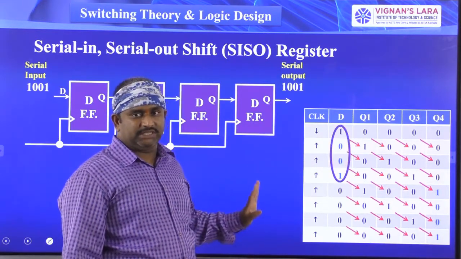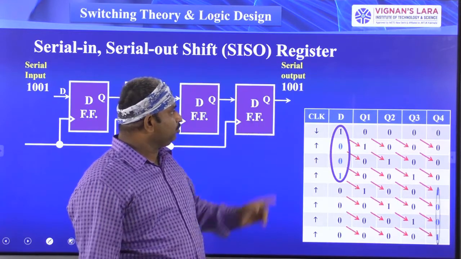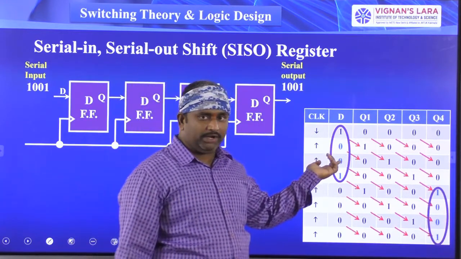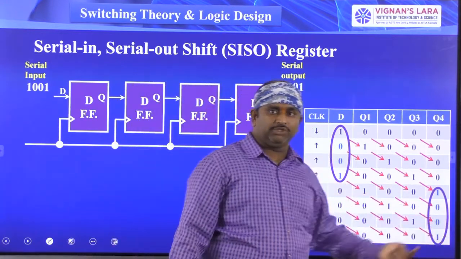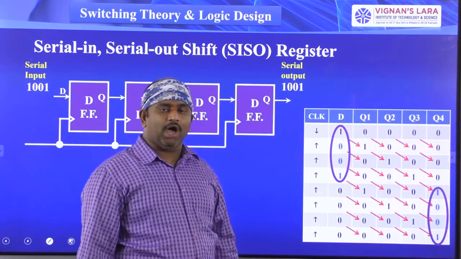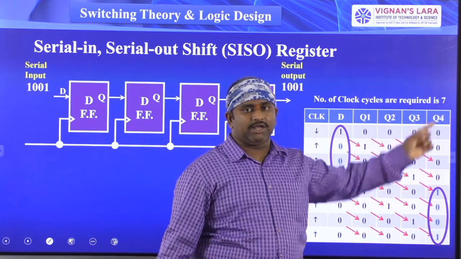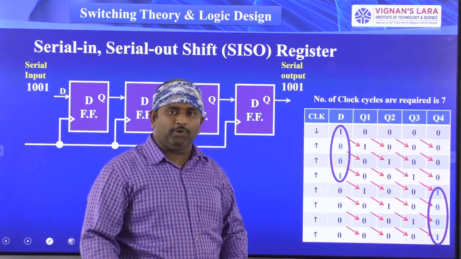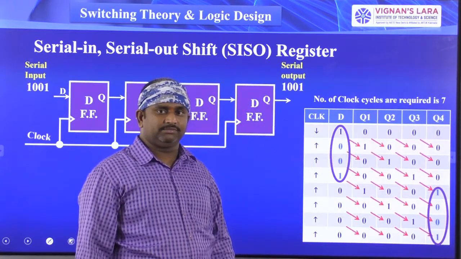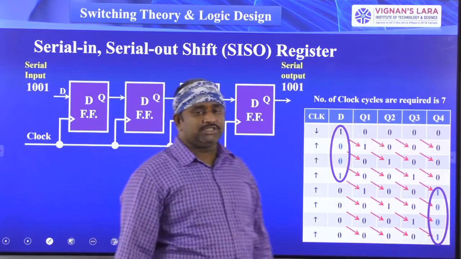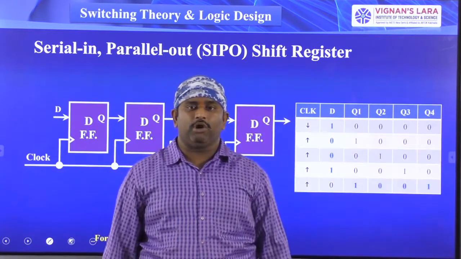Totally 7 clock signals we are using to collect the data. The same 1001 data we collected at the output. So the number of clock cycles required to get the output is equal to 7. This is about the serial input, serial output configuration.